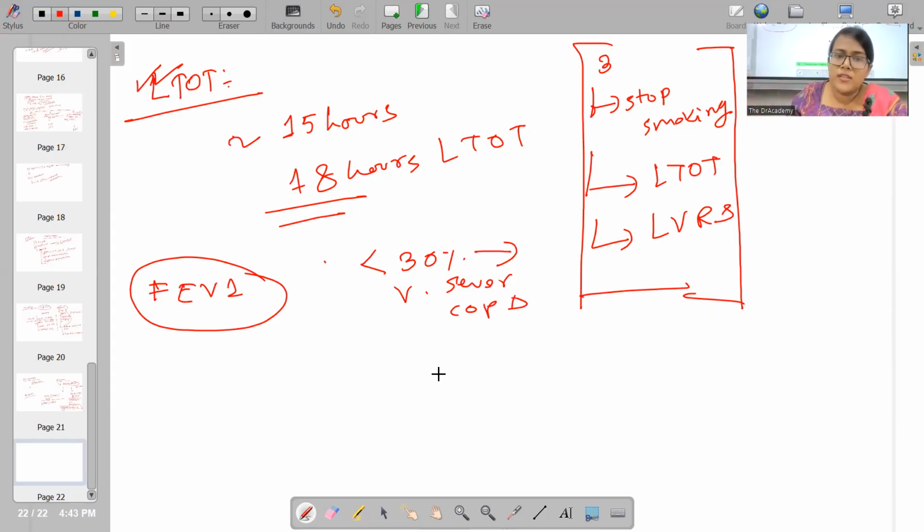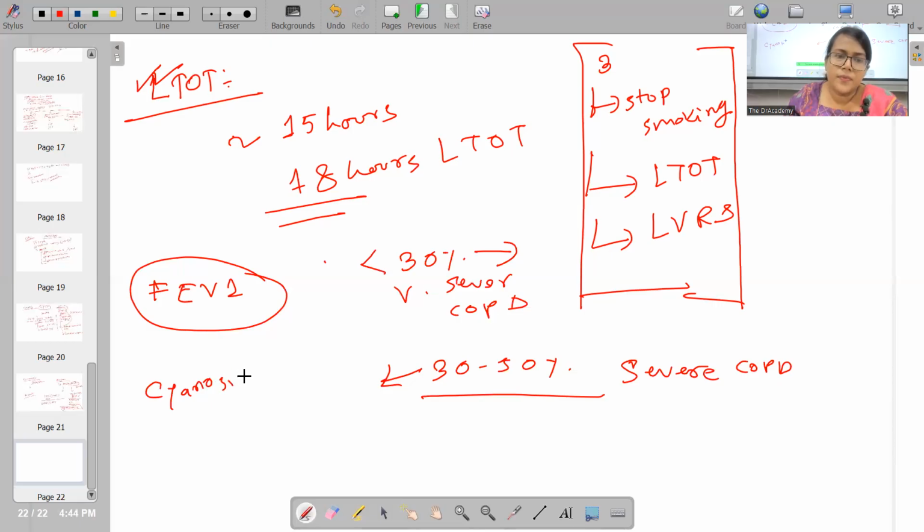However, if the patient is within a borderline range, like the patient is having 30 to 50% of FEV1, which means the patient is having severe COPD, right? So in that case, you should also take into consideration the development of cyanosis on physical examination, whether there is any polycythemia, whether there is any leg edema, if there is any evidence of raised JVP, okay?